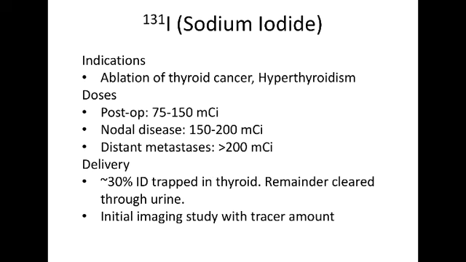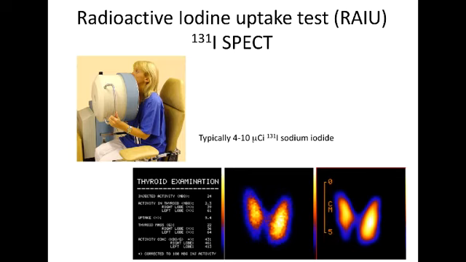After delivery, about 30% of the delivered dose is trapped in the thyroid, and the rest is cleared through the urine. And you can do an initial imaging study with a tracer amount of the compound to see what the uptake is. Here's what this looks like. So a radioactive iodine uptake test, you typically would use a small microcurie amount of compound and image it.